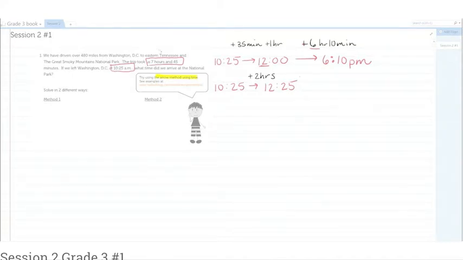In this example in the bottom here, we're at 12:25 and we've gone 2 hours. We need to get to 7 hours, so we know 5 hours. And again, because we've used the 12, we can say we're at 5:25. And now we've got to account for that 45 minutes.